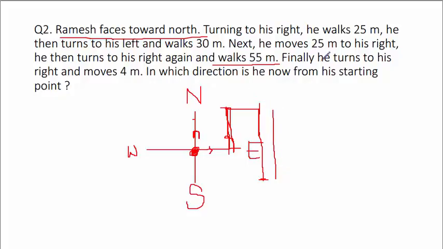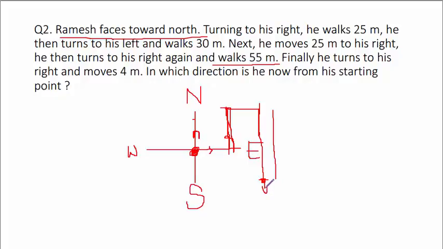According to the question, finally he turns to his right and moves 4 meters. At this point some of you may face a problem: your right or his right. So he turns to his right and moves 4 meters. Just imagine that at this point you are Ramesh, facing towards the south direction.